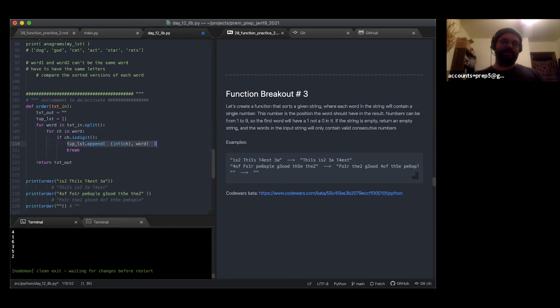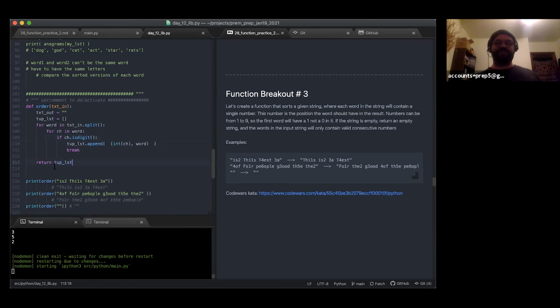Okay, so if ch is digit, we'll say tuplist dot append a tuple with the integer version of the character, which we know is a digit, can be converted to an integer, and the word is the second element of the tuple. So I'm more interested in what happened to tuplist, so I'm just going to return that for now and just see what it is.